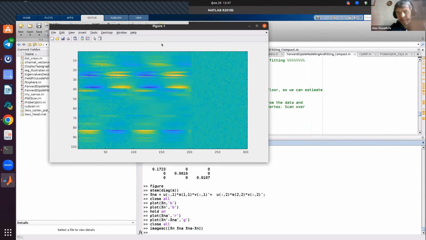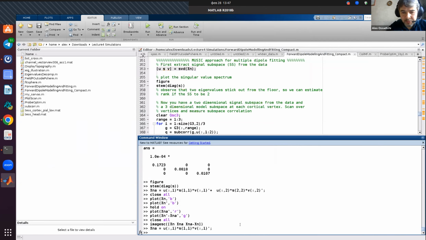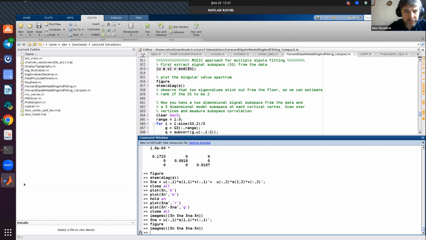I just concatenated the three plots. This is the original data. See, this is denoised, because we focused only on the main dimensions, the most powerful directions. And this is the difference between the two. No structure in my difference. Whereas if I make my xna only from the first component, and we'll do the same trick.